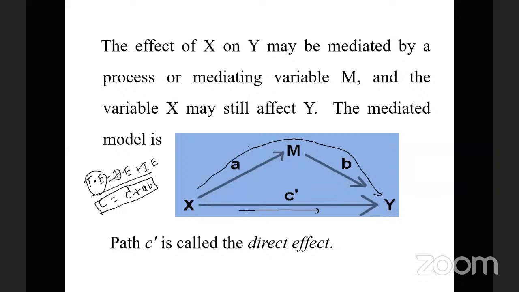C dash means I am using the mediator variable, and it is the direct effect. AB means the indirect effect. It is the multiplication of the regression coefficient between X and M, and the regression coefficient of M and Y.